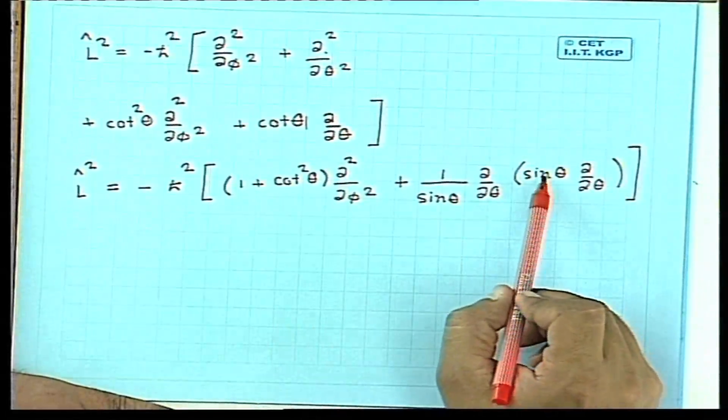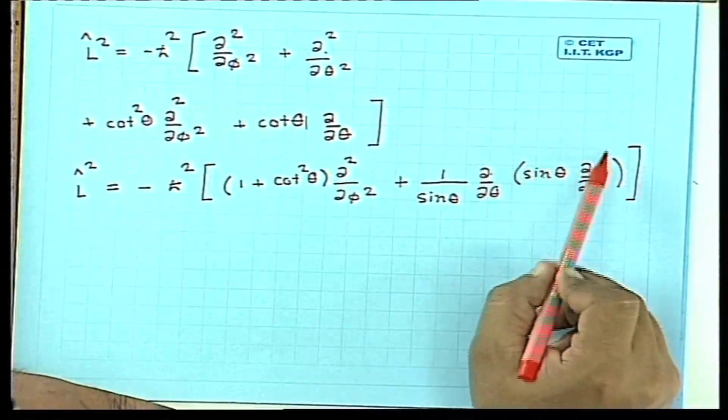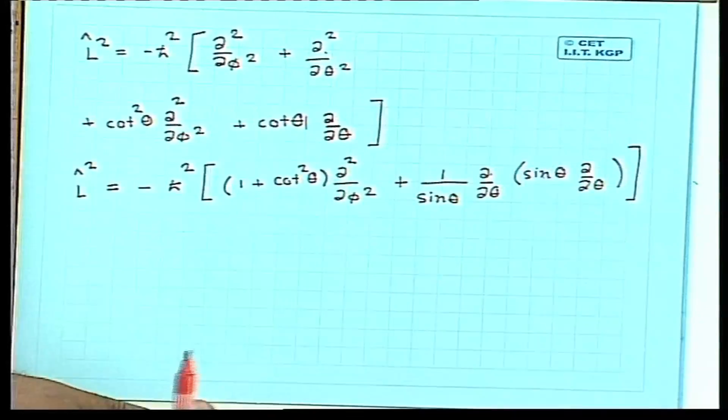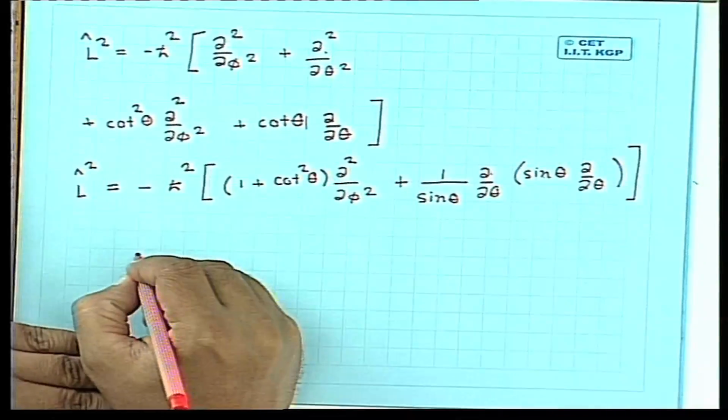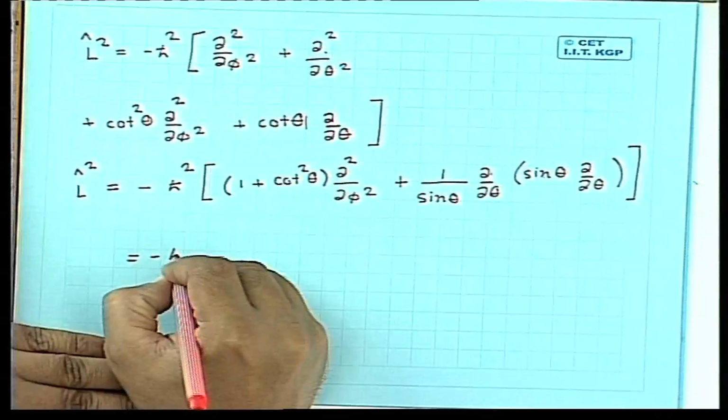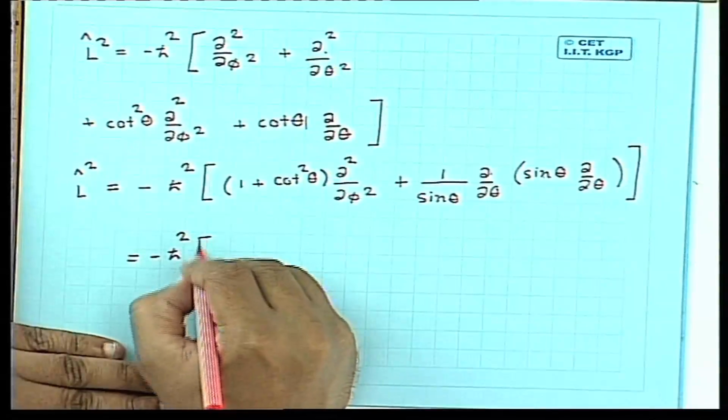And if I don't differentiate sine theta, then I get del square by del theta square, and the sine theta cancels out. So this is finally equal to minus h cross squared.